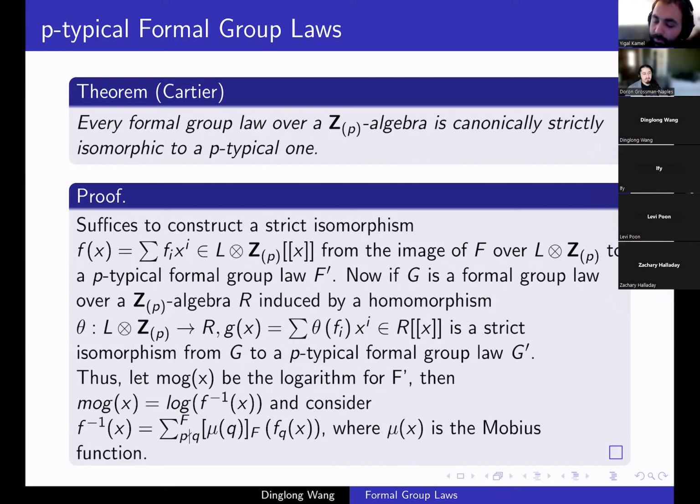Now, if G is a formal group law over a Z_(p) algebra R, induced by a homomorphism from L tensor Z_(p) to R, then the logarithm induced by this homomorphism is a strict isomorphism from G to a p-typical formal group law G prime. Thus, let log(x) be the logarithm for F prime, the p-typical formal group law over some kind of a universal ring there, but not quite.